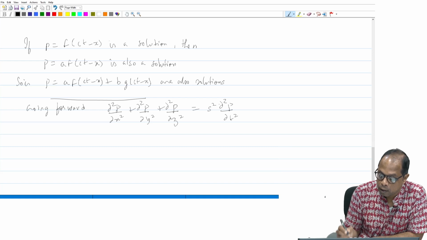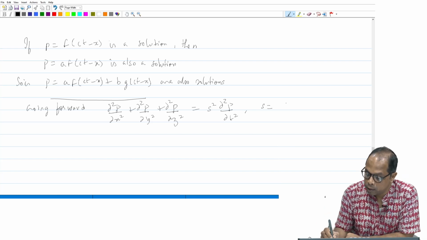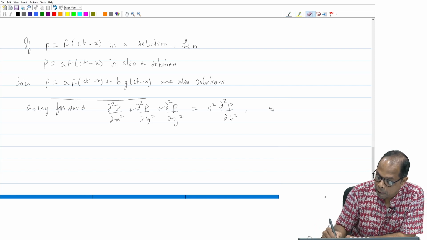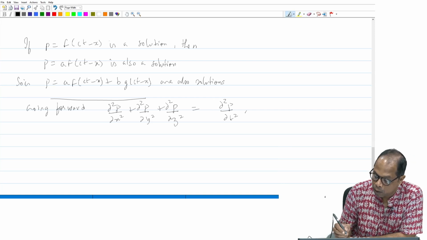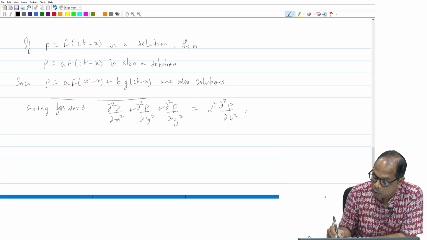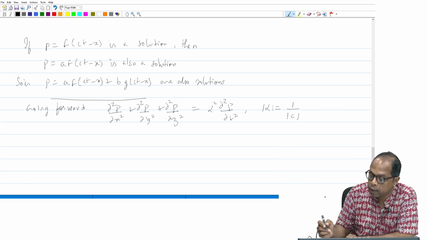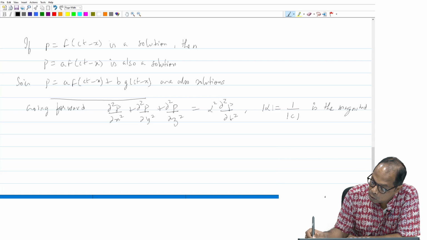I'm going to write it with alpha square, where your alpha is the reciprocal of the velocity, and this alpha is the magnitude of slowness.